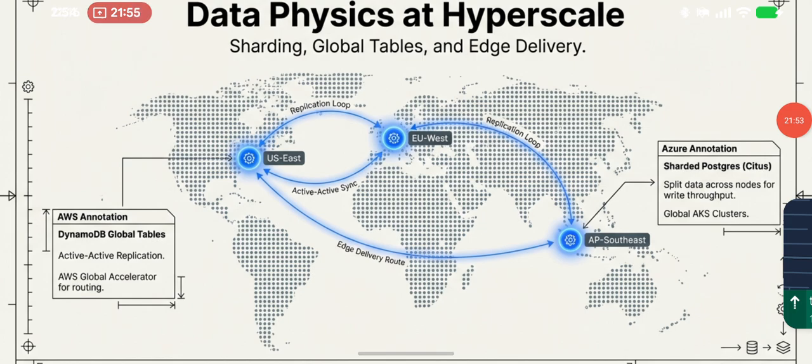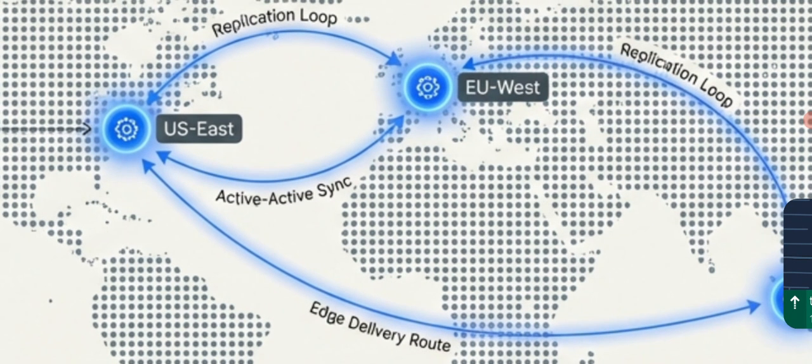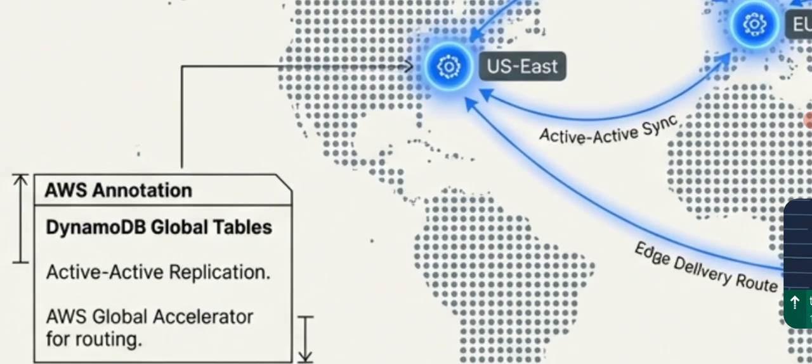So for hyperscale, if you want to install the solution globally, there would be multiple instances, and when the user sends the request, the global accelerators will route it to the nearest instance, and all the replicas are active.